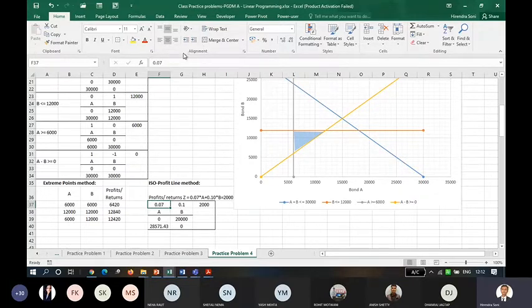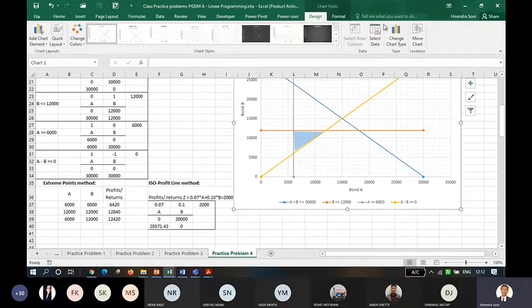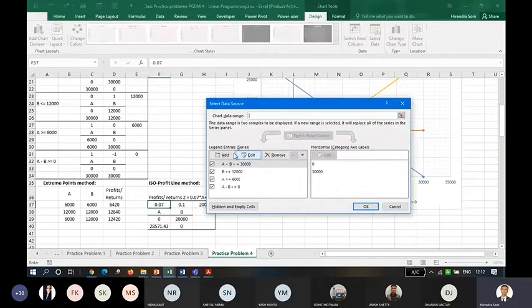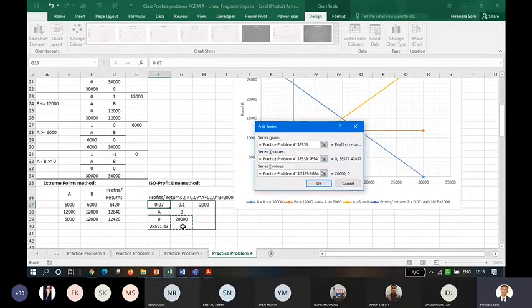So let me add it to the graph. Add. This is my series name. X values are these. Y values are these.